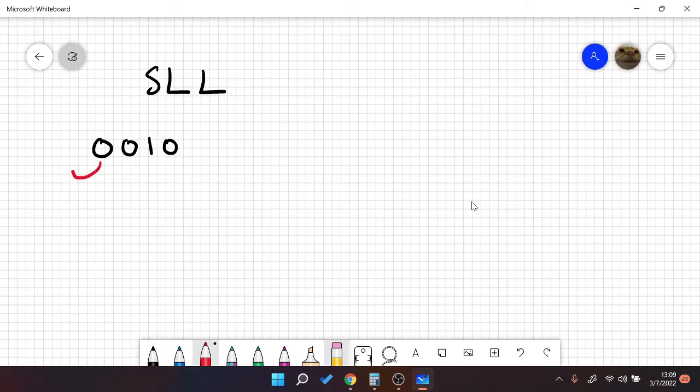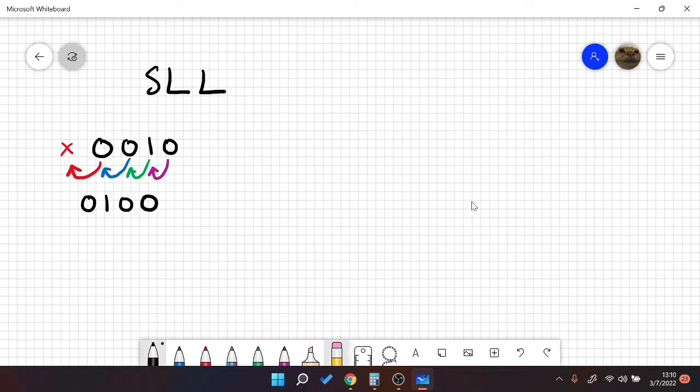So this bit goes here and it goes away. This bit goes to this place, this bit goes to this place, and this bit goes to this place. So simply we rewrite as 0, 1, 0, 0. So we just shift in a 0.